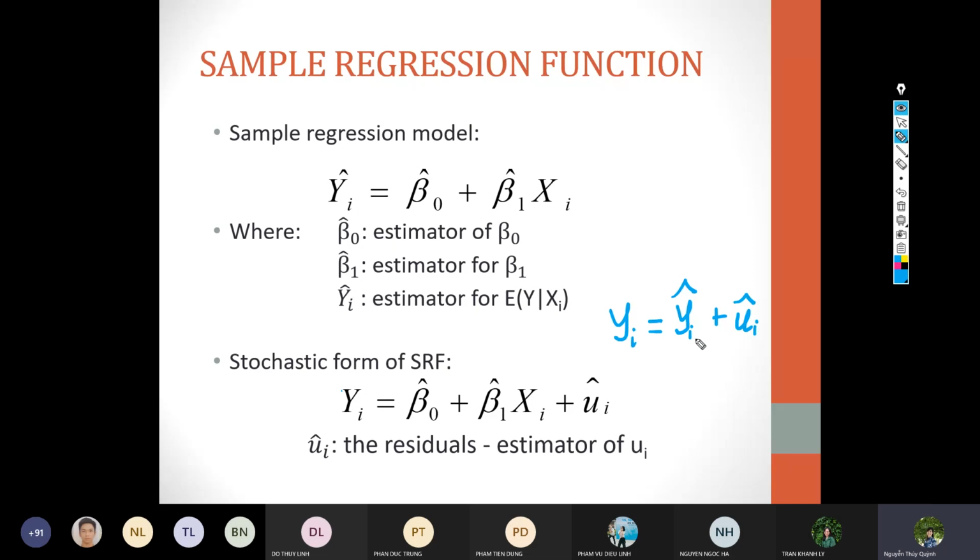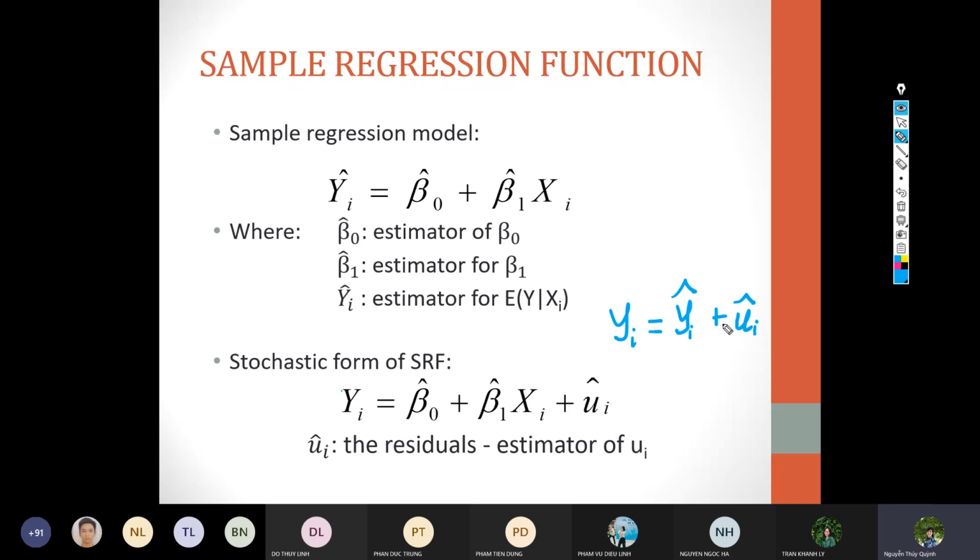Okay, the residuals of the sample regression model. It's not ui anymore, but ui hat. As you see, there is a hat over it. So ui hat is the estimator of our ui.